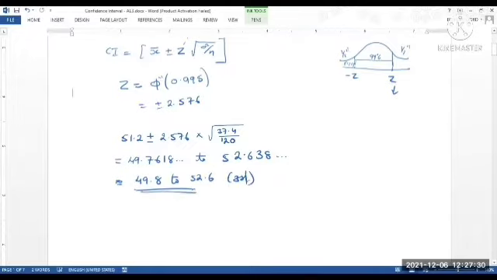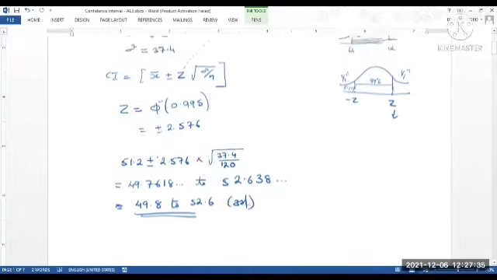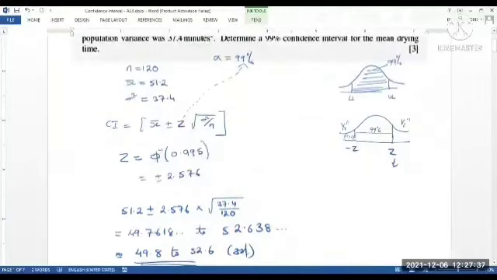That is the lower limit and upper limit of your confidence interval with a level of 99%. So hope you have understood this method.